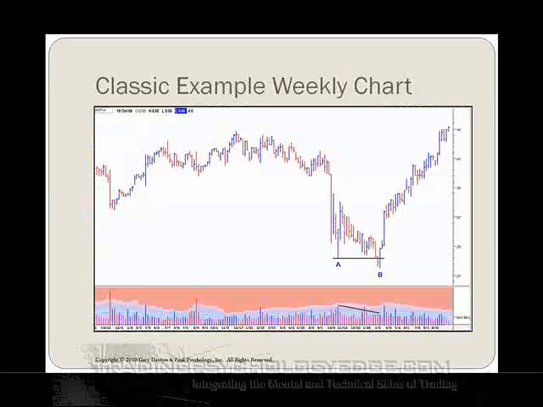If we go back to this spring here on this weekly chart, well, if we were looking at this on a daily chart, there would be at least 5 days below the support level on the bar before B, represented here on the weekly chart. And then there's likely to be more than 5 days.